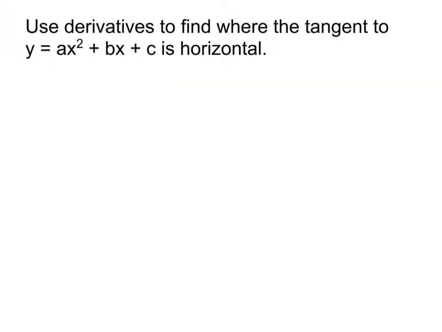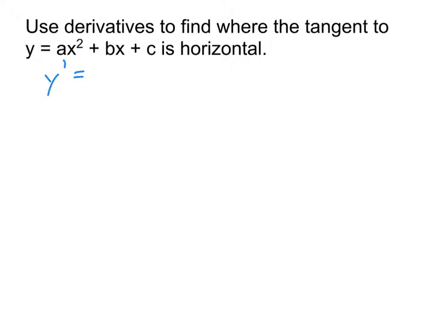Right, now I want you to practice that same idea that we just did on finding the horizontal tangent for this equation. I've given you the general equation of a quadratic here. And yes, a, b, and c are all constants. So the first thing you should be doing is finding out what the derivative equation is.